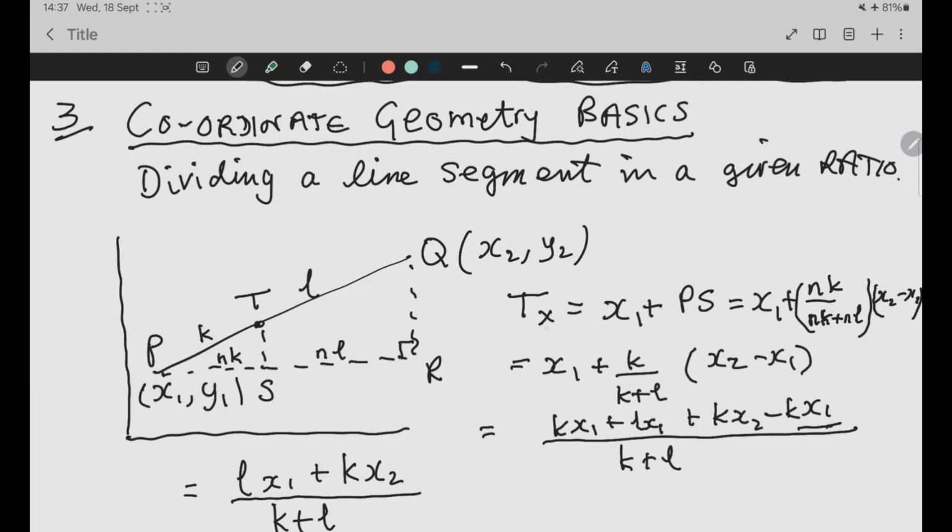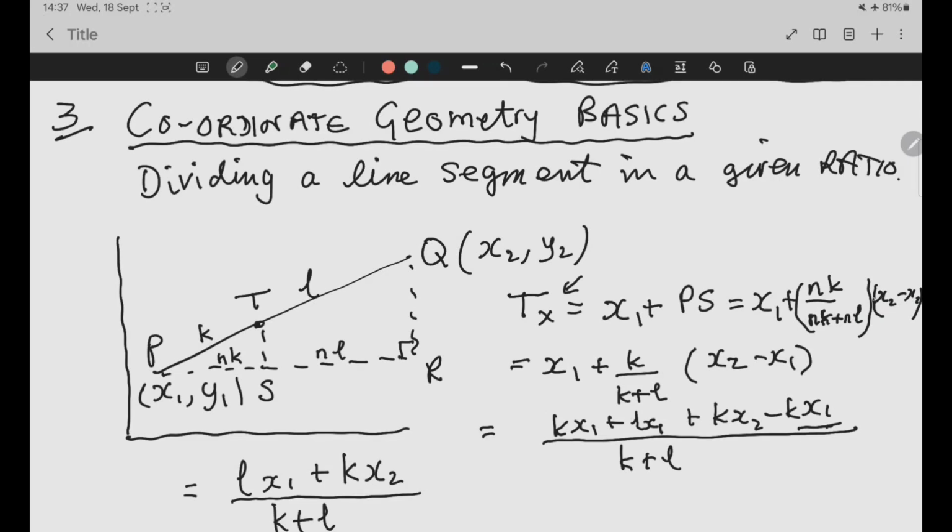So the x-coordinate of T, which I've written down here, will be x1 plus PS, and PS will be x1 plus nk over nk plus nl times x2 minus x1, the difference of the x-coordinates.